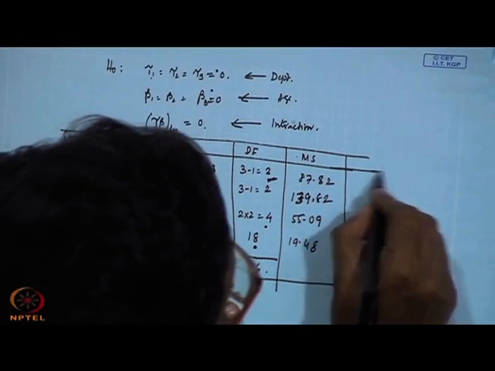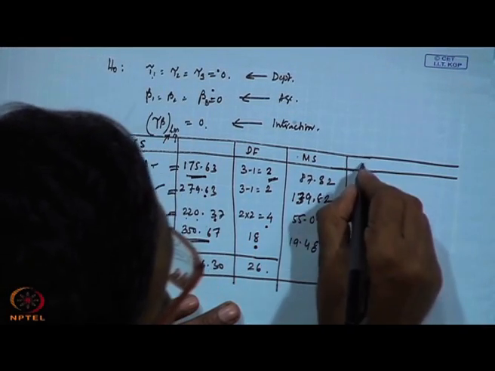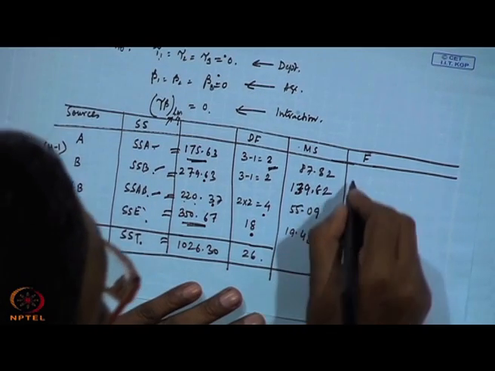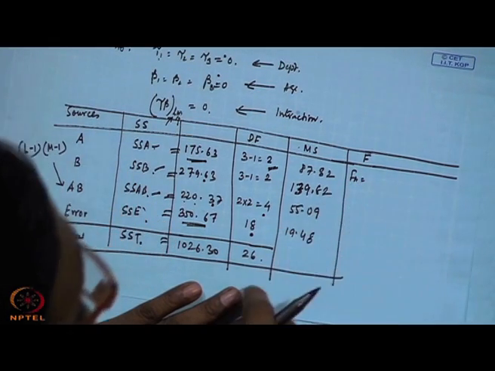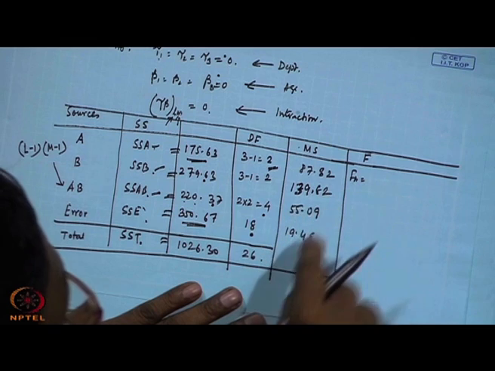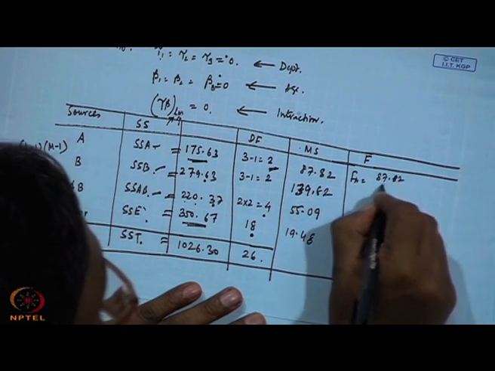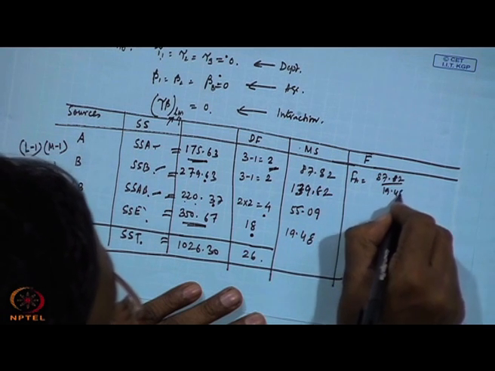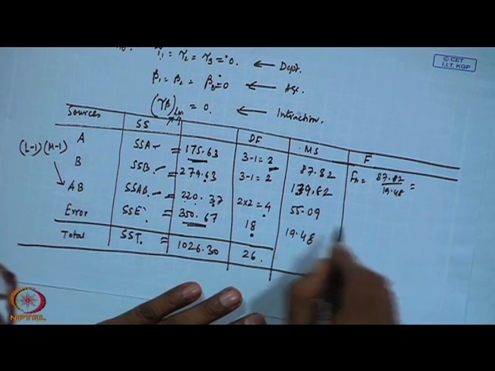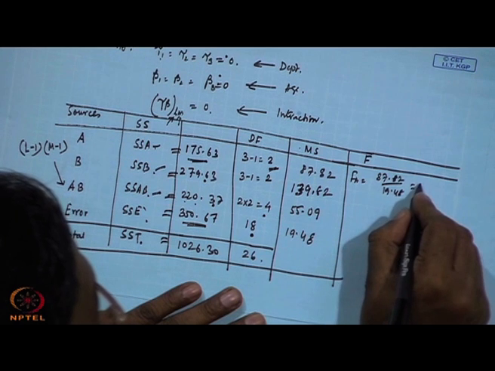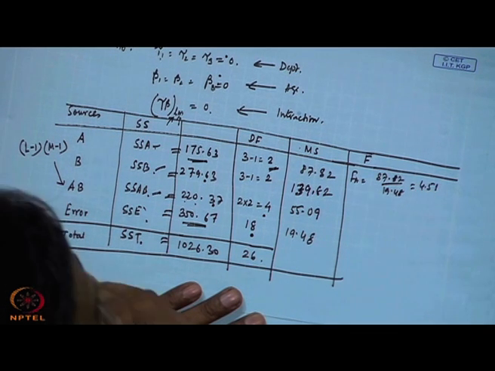Okay. Then what do you require to know? You require to know F values. Your FA will be MSA by MSE. So, 87.82 by 19.48. This value will be 4.51.